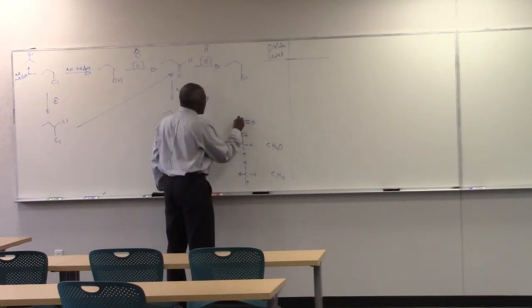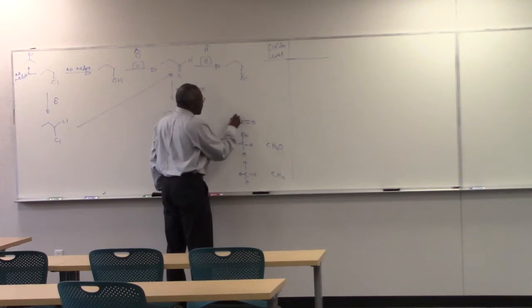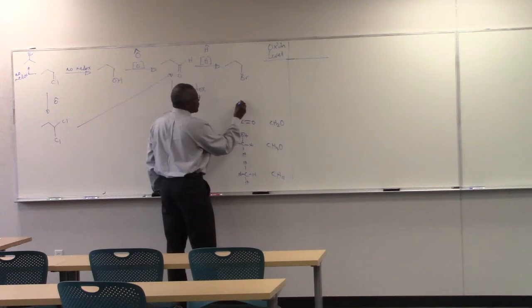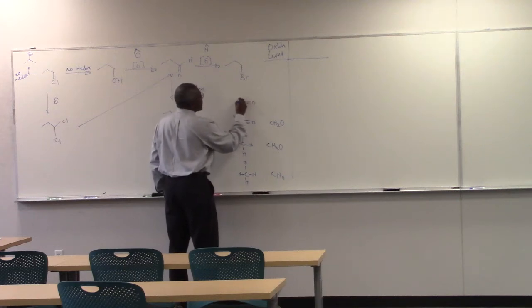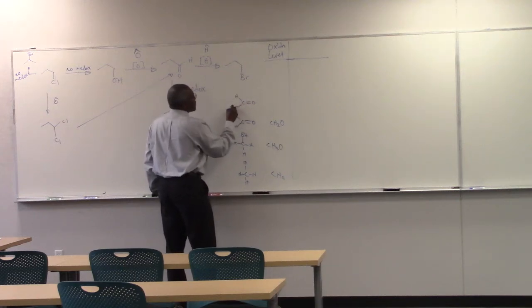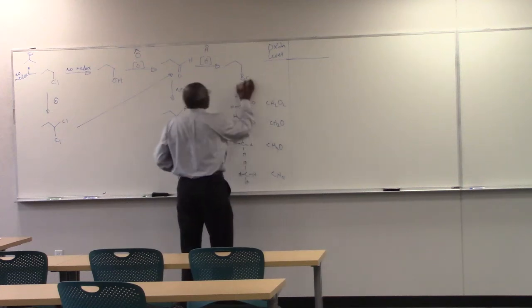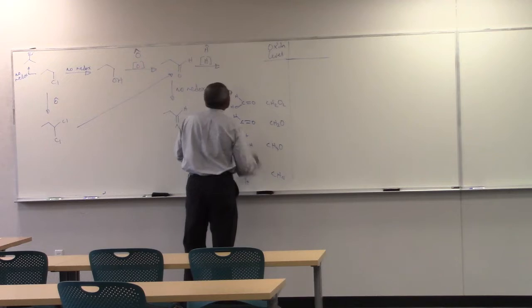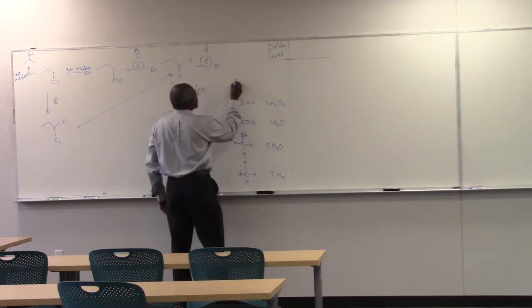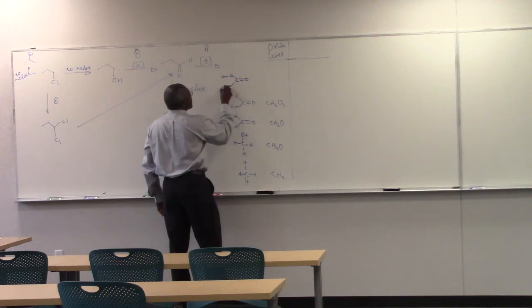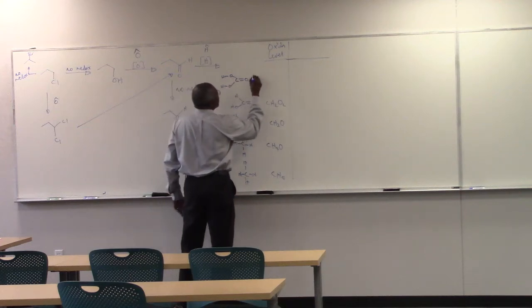Then we're going to go to the aldehyde level, which is CH2O. We're going to go to the acid level, which is CH2O2. And then we're going to go to this level, which is the carbonic acid, which essentially breaks down to carbon dioxide.